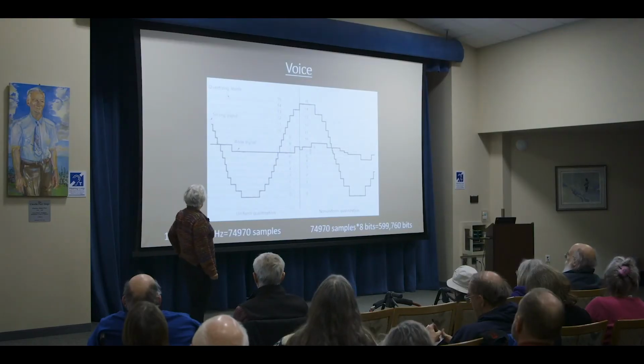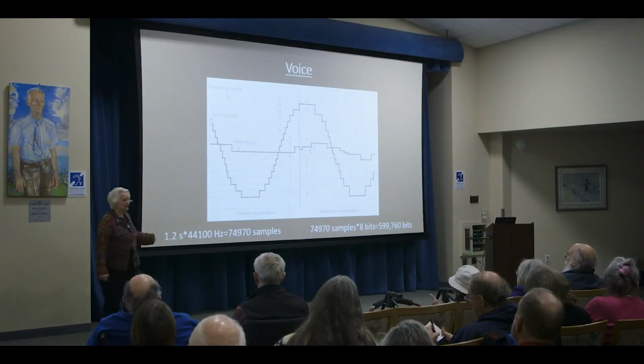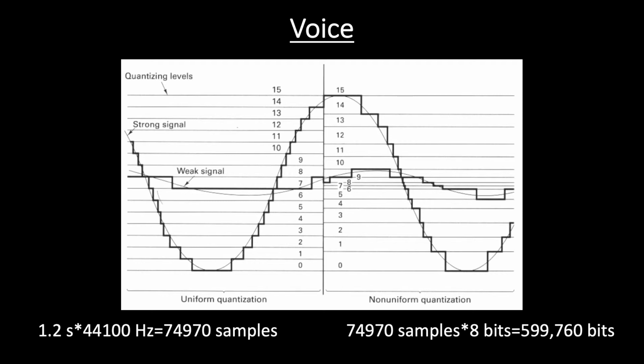All right, so my 1.2 second "how are you" at 44.1 kilohertz gives me 74,970 samples. Each sample is 8 bits. So I have 599,760 bits for that 1.2 seconds.